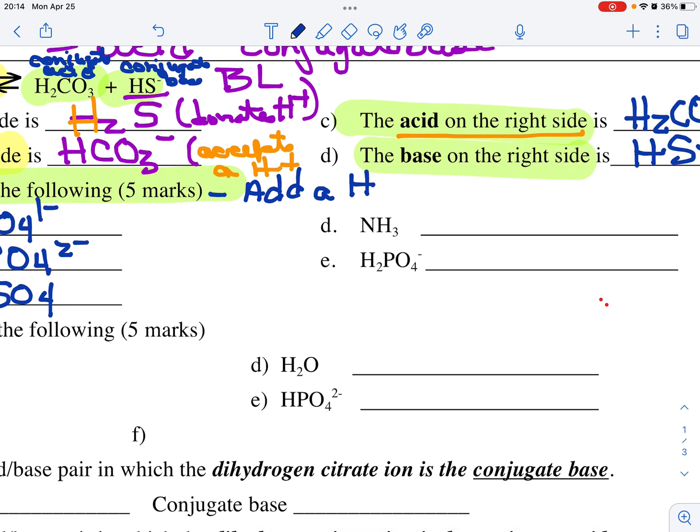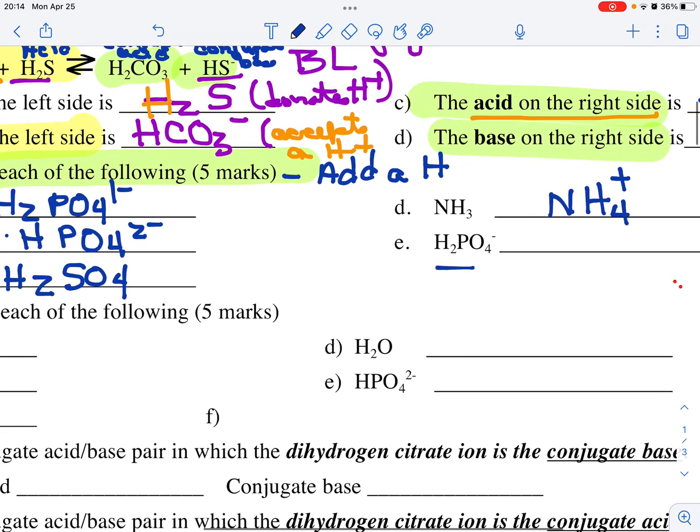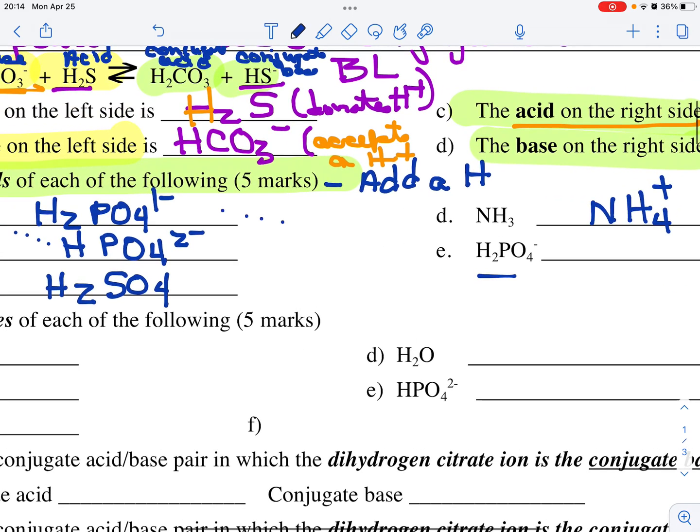Next, let's add a hydrogen. The ammonia will become ammonium. And finally, my dihydrogen phosphate, which is what I had right here, will become phosphoric acid when I add a hydrogen.